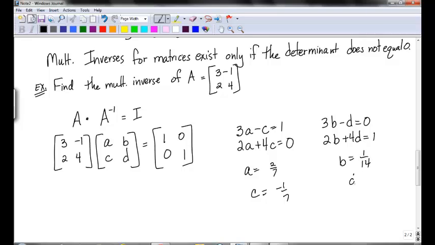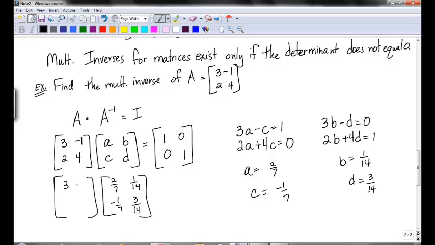D? 3/14, I agree. Okay, so our inverse would be 2/7, the B would be 1/14, the C would be -1/7, and then 3/14. And actually, this is easier to check than it is to work.